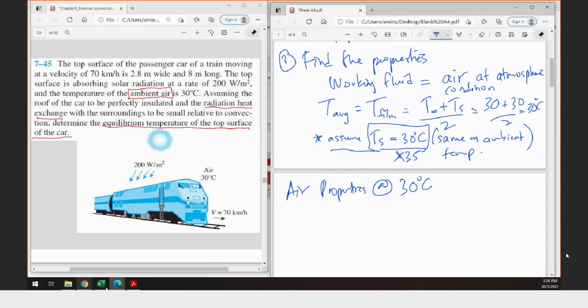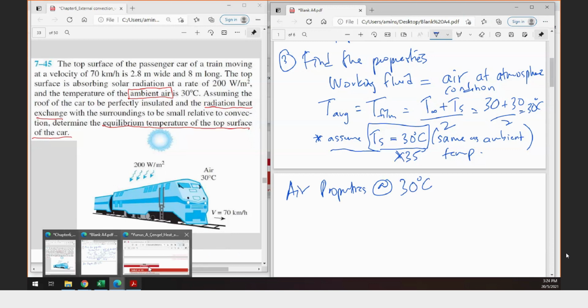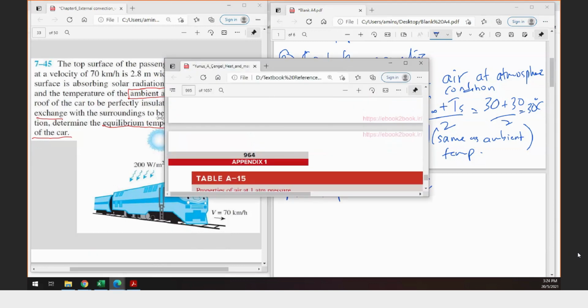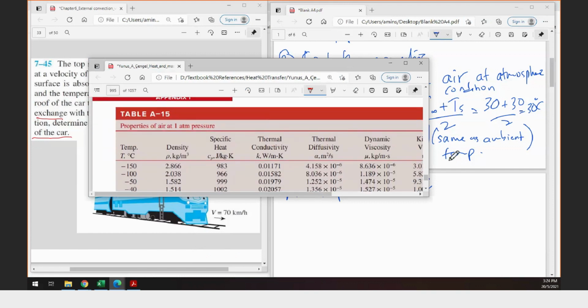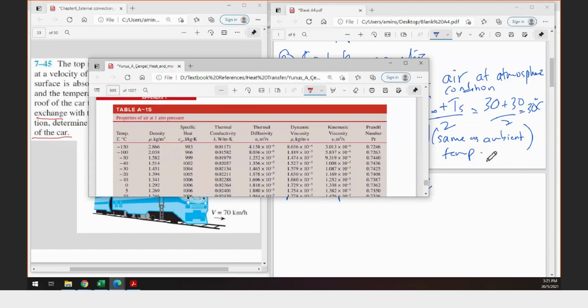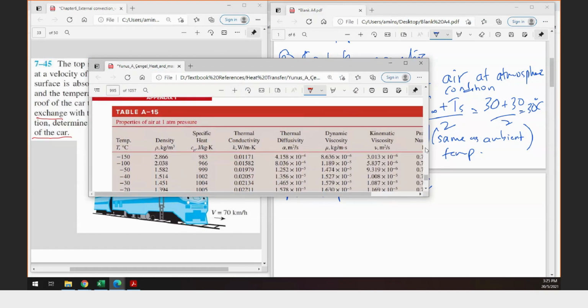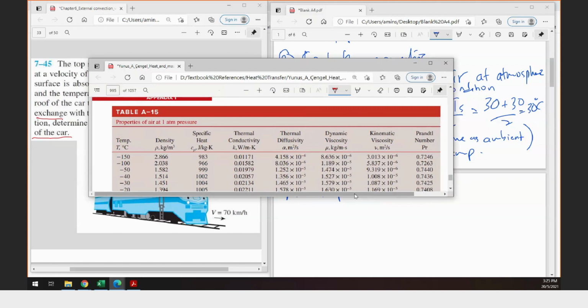So where is the table? Okay, this is the table. You go to table A15. Is it visible? It's a bit small. Hopefully you can see clearly. If you have your own textbook, it should be fine.